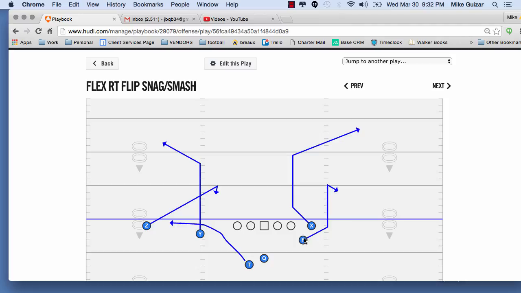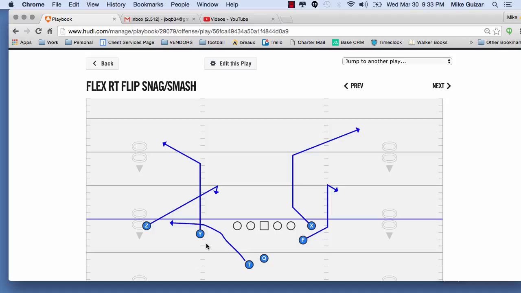So it will be flex right, flip, snag, smash. We know that the snag side is the side with 3. We have 3 in Z, Y, and T, so that the snag is to the left side. Smash is to the back side, the F and the X, which we'll go over in a second.